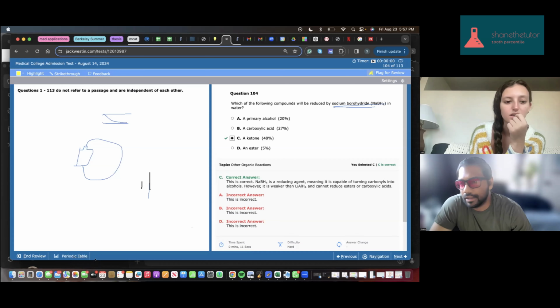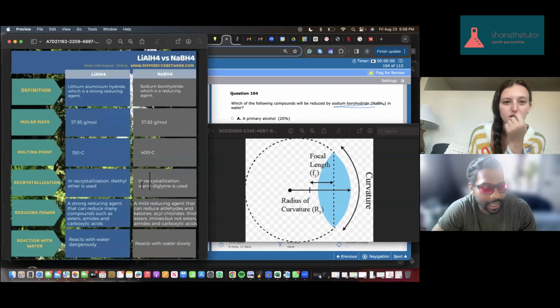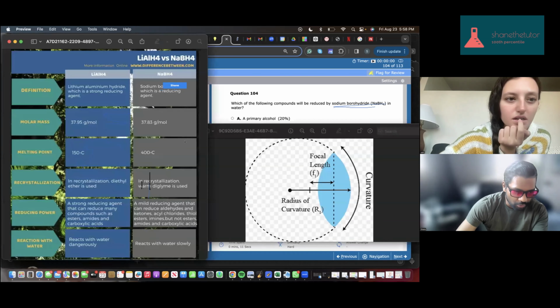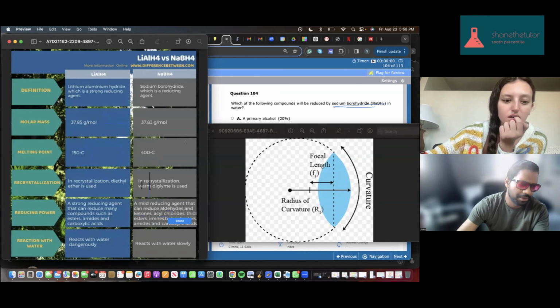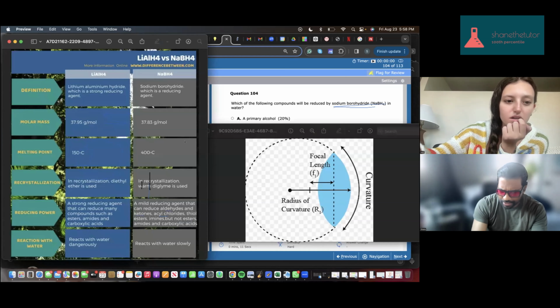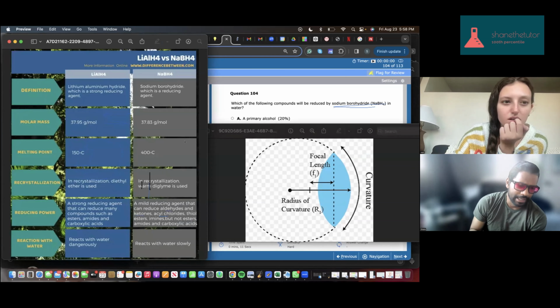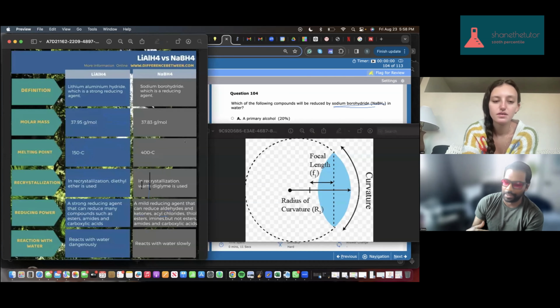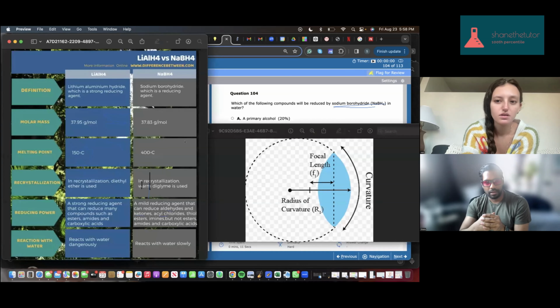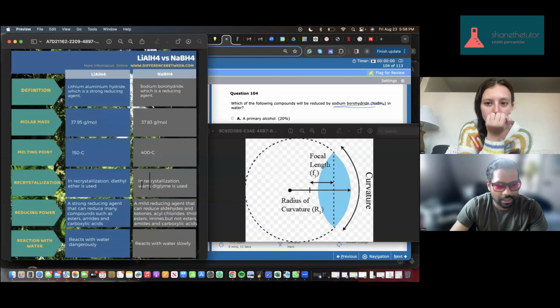You don't need to know the mechanisms for this stuff, but you need to know that the sodium one can reduce aldehydes, ketones, acyl chlorides, thiol esters, which is just an ester with a sulfur instead of an oxygen, and imines, but not esters, amides, and carboxylic acids. The lithium aluminum hydride can reduce the esters, amides, and carboxylic acids. So that could just be a memory thing, a content thing.